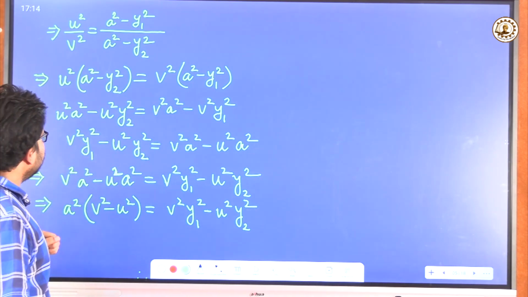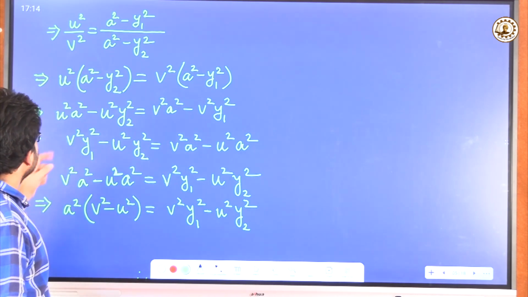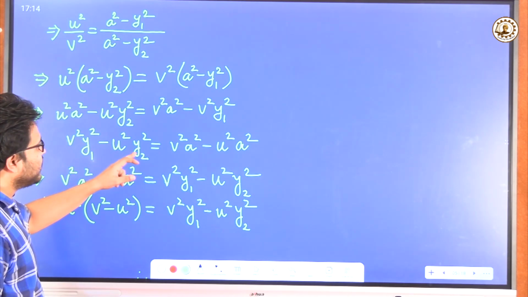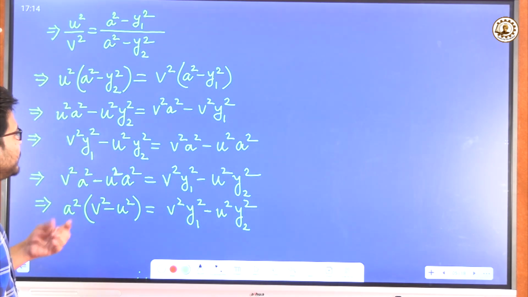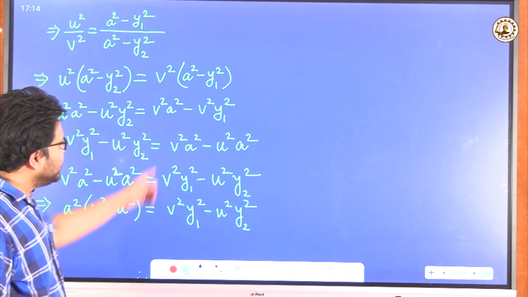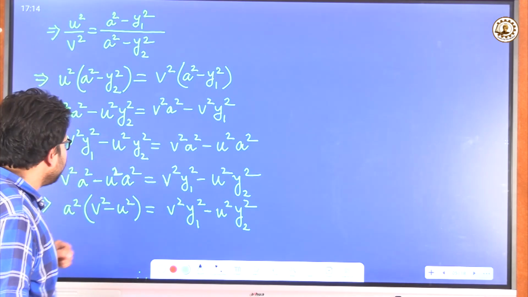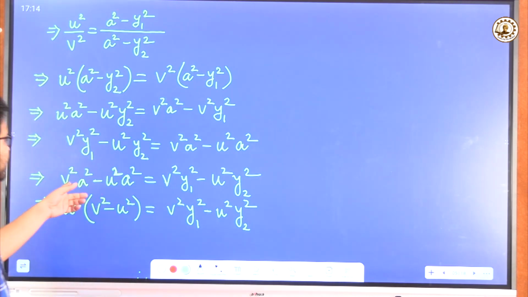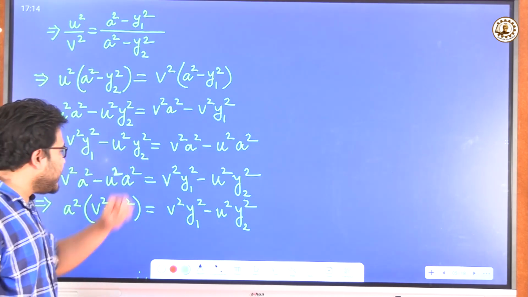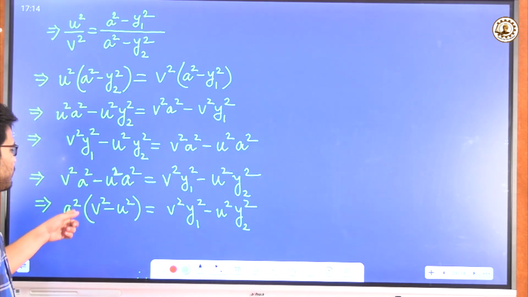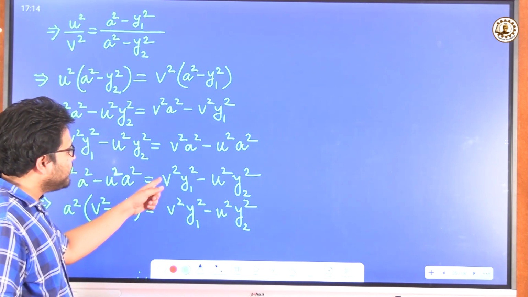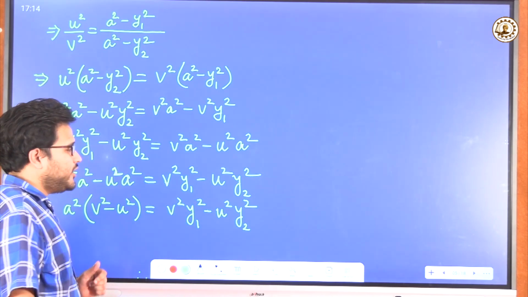Now if we rearrange the terms, we have v square y1 square minus u square y2 square on one side, and all the terms related to a square on the other side, that is v square a square minus u square a square. Taking a square common, we get a square into (v square minus u square) equals v square y1 square minus u square y2 square.